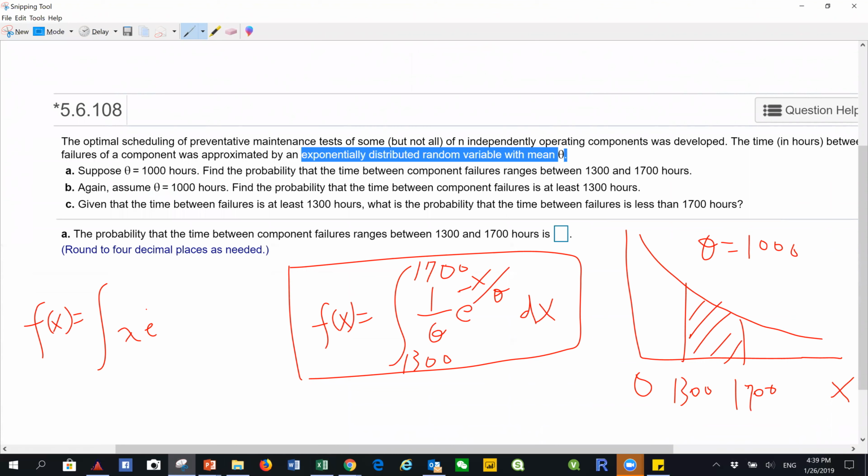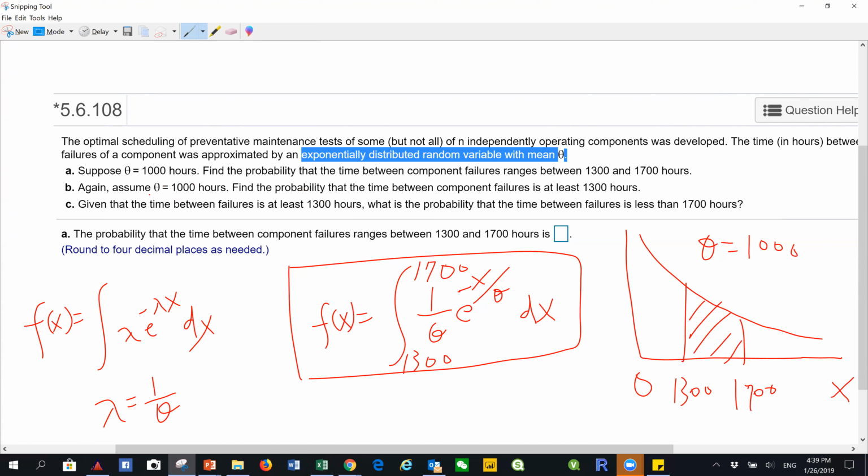Rate is the inverse of the mean. Rate means kind of like speed. Theta is the mean, how long.